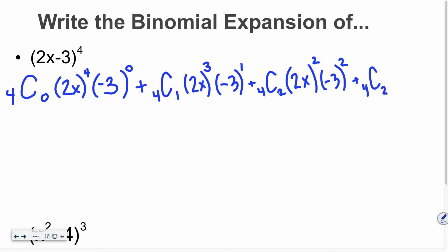Four combinations of 2, 2x, oh, excuse me, I forgot to actually change that number. 4 combinations of 3, 2x is going to be raised now to the 1st power, -3 to the 3rd power, and then I awkwardly ran out of room, so we're just going to throw this guy here, okay?